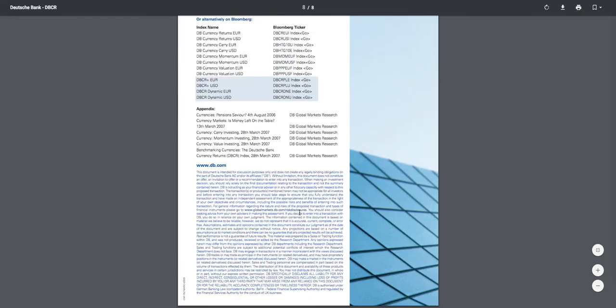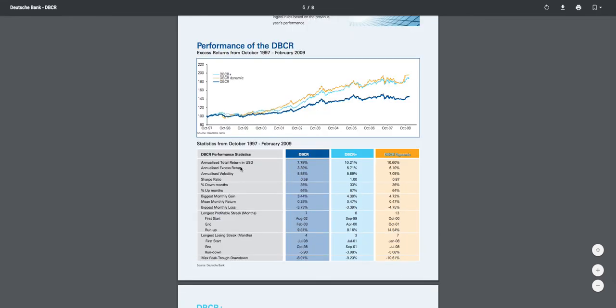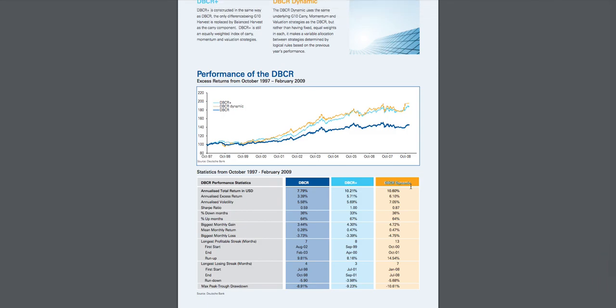Now let me go back to check, because I don't think these filters use the emerging markets. I don't think so. So I don't know what the return would be if you added a combination between the DBCR Plus and DBCR Dynamic, just combining them together using both emerging markets and the active management filtering.